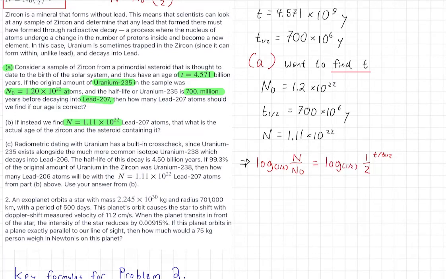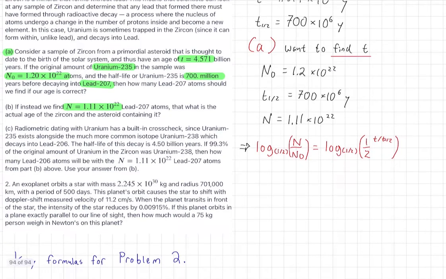When you take the log base 1/2 of this whole thing, and this whole thing here, because it's all inside the function, you will still have the log base 1/2 of n over n naught. You have to actually calculate this, but this will just be a number now, as long as you correctly input it into the calculator. But on this side, you've completely undone the exponent, and you're left with a simple expression, just t over the half-life value. So of course now you're ready to directly solve for t. You just have to multiply both sides by your known value of half-life.